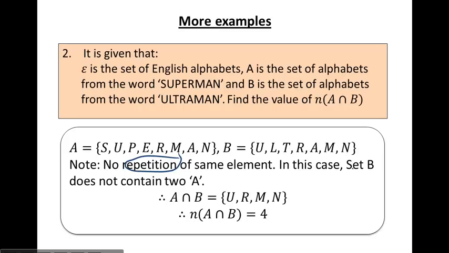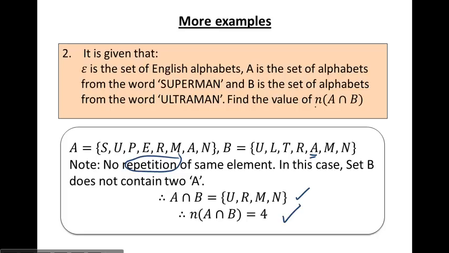In this case, set B contains two A's, but when you do the listing, make sure you list it out just once. For A intersect B, look for the common elements found in set A and set B. You'll find that A intersect B is a set that contains the elements U, R, M, and N. Therefore, the number of elements for A intersect B is 4.